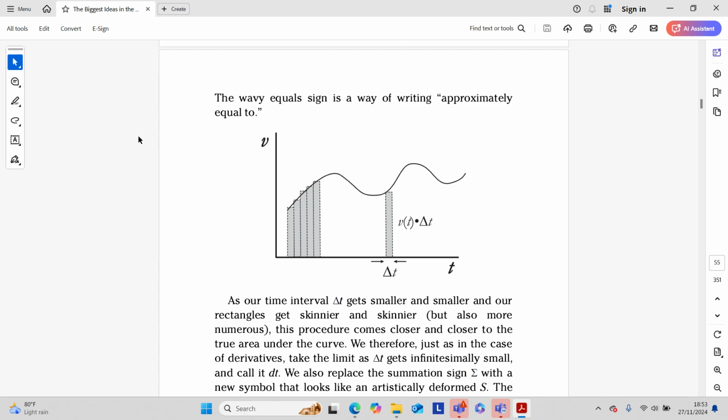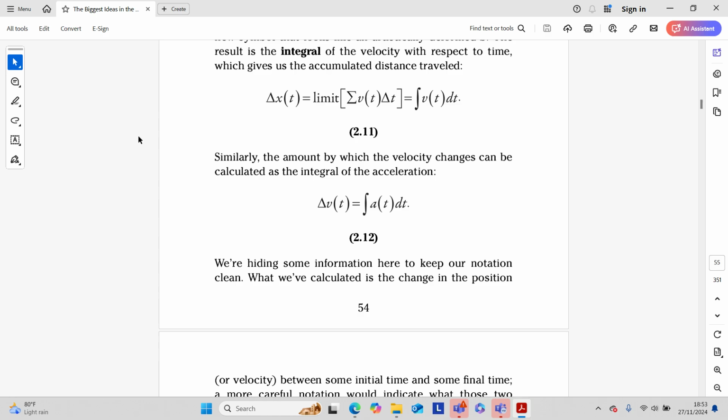We therefore, just as in the case of derivatives, take the limit as delta t gets infinitesimally small and call it dt. We also replace the summation sign sigma with a new symbol that looks like an artistically deformed S. The result is the integral of the velocity with respect to time, which gives us the accumulated distance traveled.